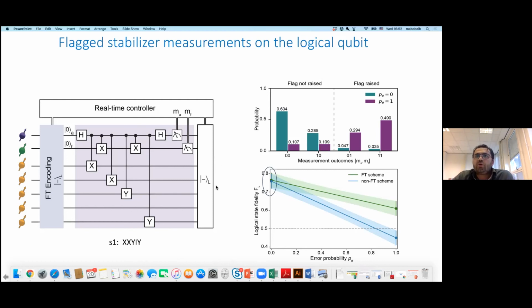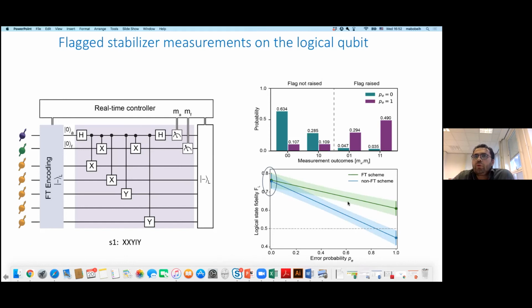Right. So we did this measurement, and this is what we get here. First, we find after measuring this stabilizer that the logical state fidelity is 77% for the post-measurement state, done without any post-selection. And here we compare the 2 scenarios, the fault-tolerant scheme and the non-fault-tolerant scheme.